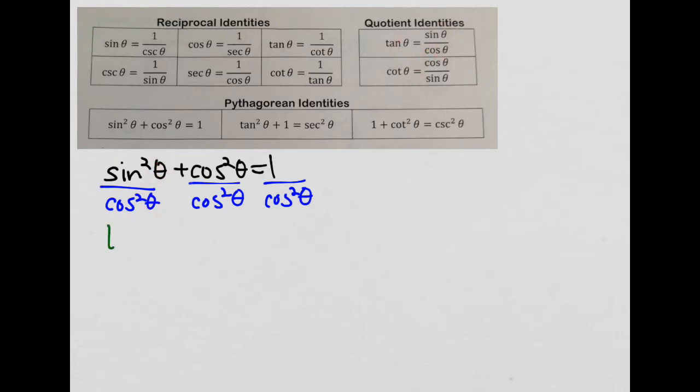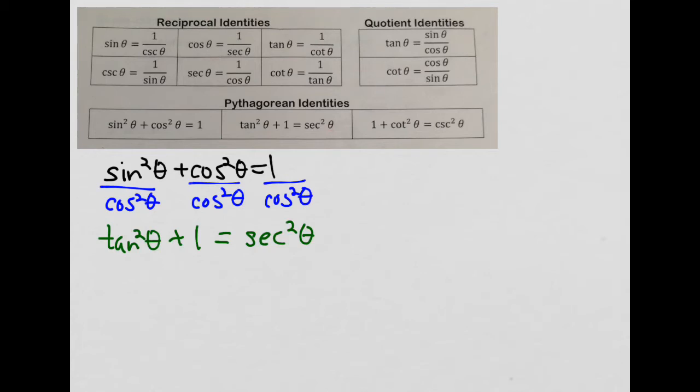So that will become tangent squared theta. Cosine over cosine is 1. And 1 over cosine, if you look at our reciprocal identities, 1 over cosine is secant. So that can become secant squared theta. And this is where we get that second identity.